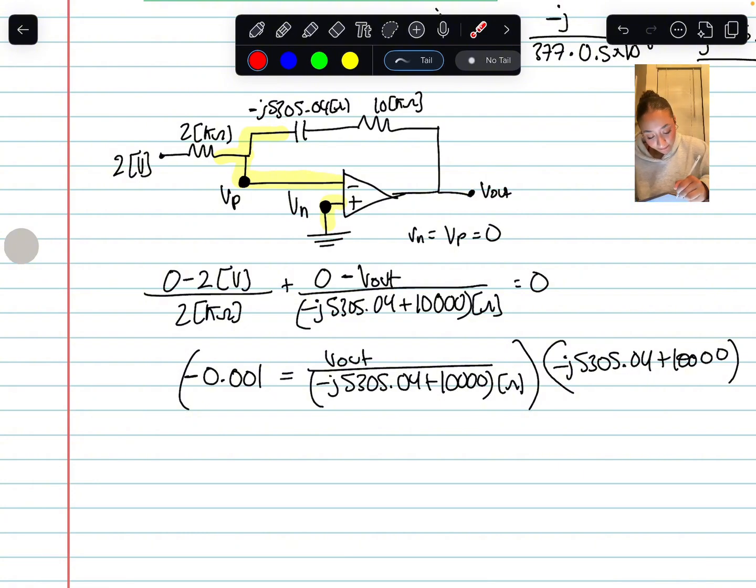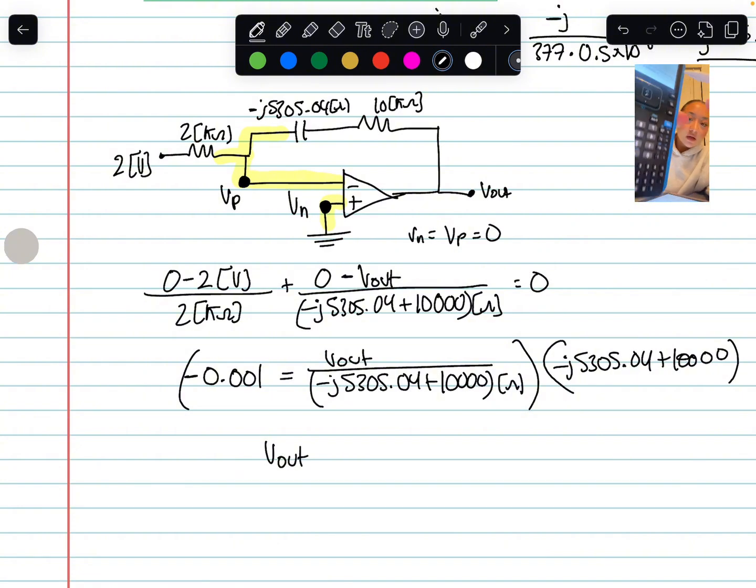Now that I have my final answer for V out, I get my answer in polar form, and this is how I want it to be, not rectangular form.